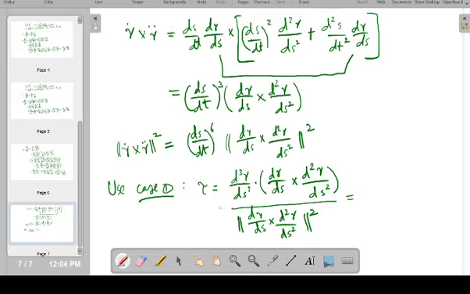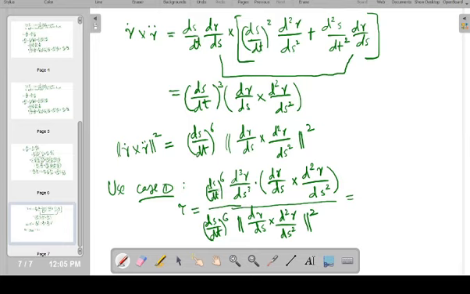So ds by dt whole to the power 6 in the numerator, here also ds by dt whole to the power 6, and this is my tau.